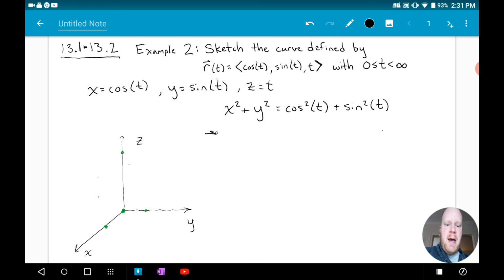And we know that cosine squared plus sine squared of anything is equal to 1. So what we have here is a cylinder. In 2D, this would be a circle, but since we're working in 3D space, this is going to define a circular cylinder, and that's going to have a radius 1.